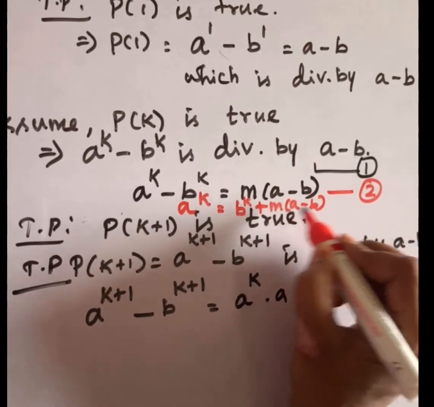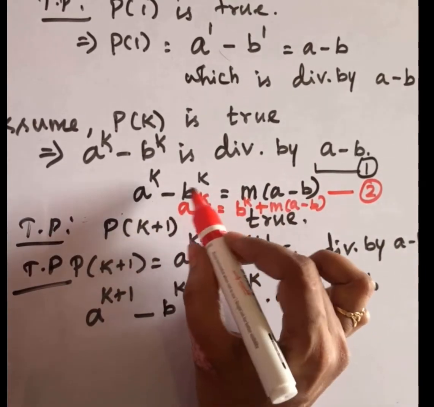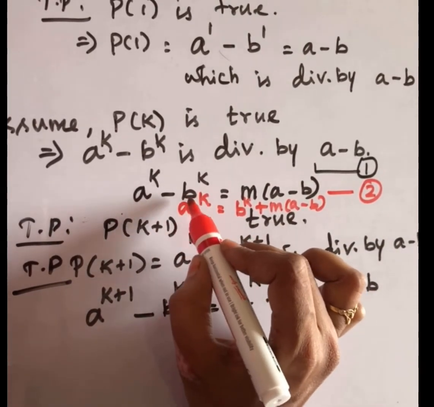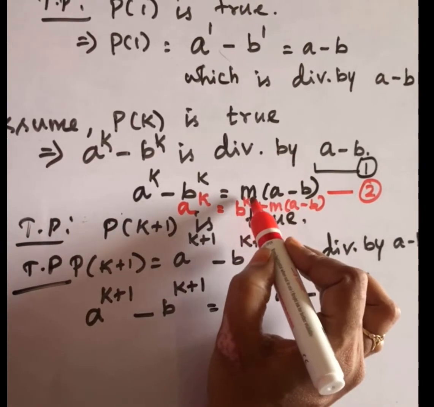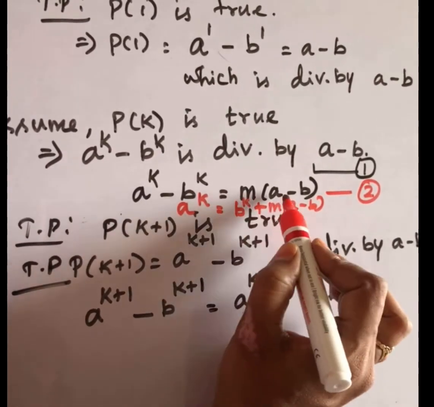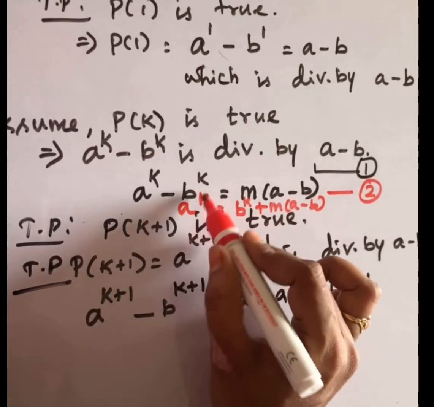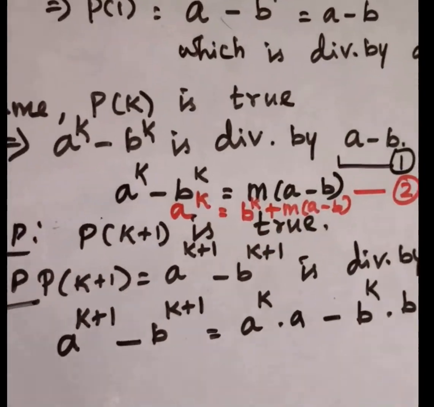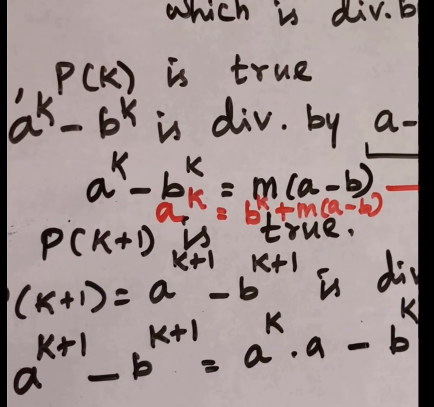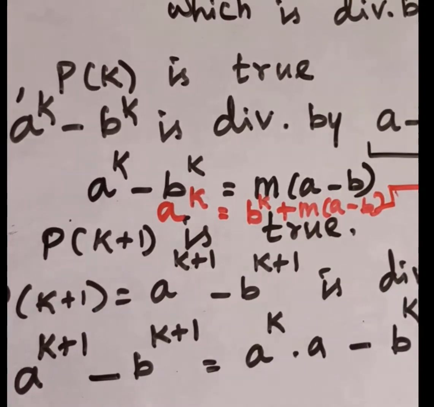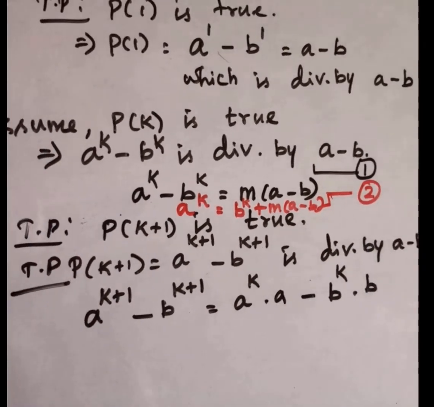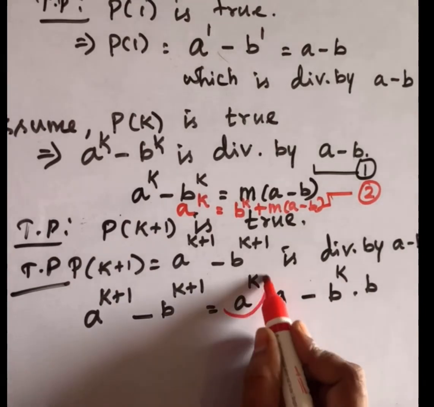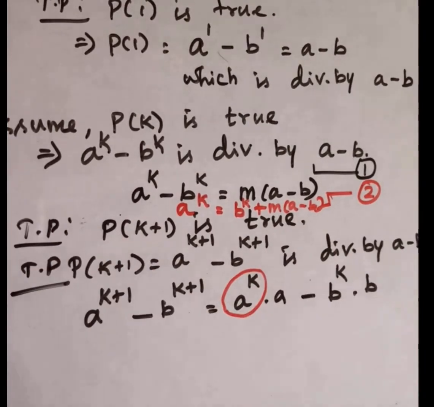Moving minus b power k to this side, it becomes plus b power k. Already m into a minus b is there. So a power k is equal to b power k plus m into a minus b, and this is our equation 2. Okay, now I am going to replace this a power k with this expression.